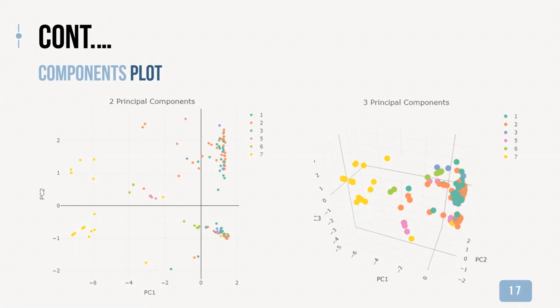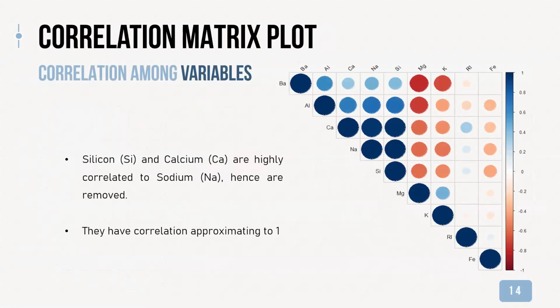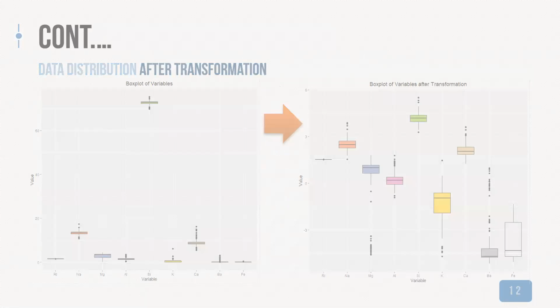Because your result, when you did the univariate result, the box plots, at the back.